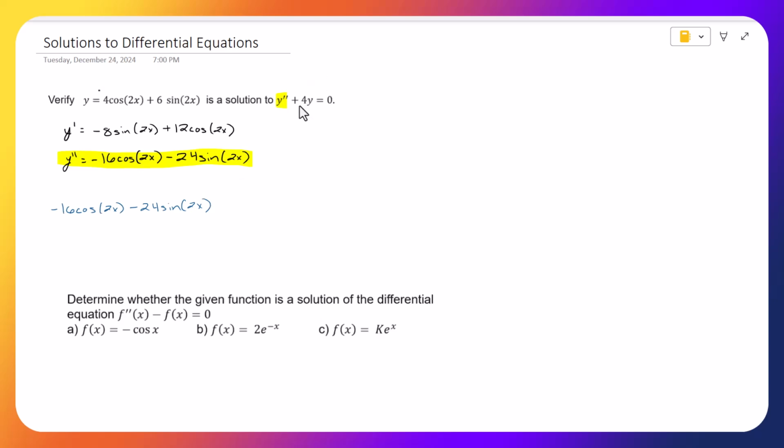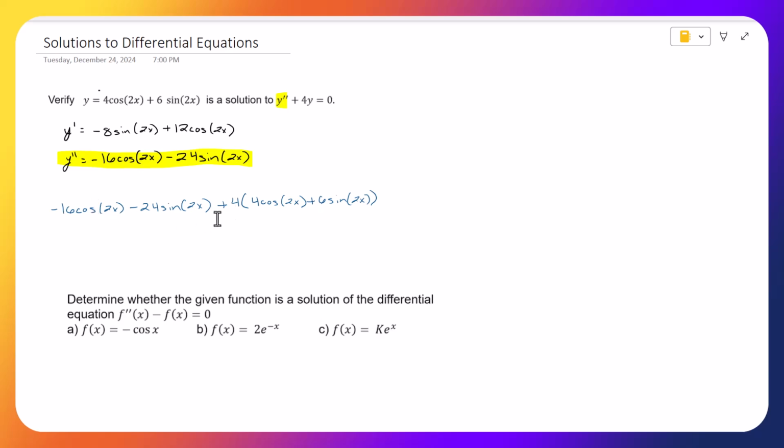And then for my y function, I'm just going to take our original function y, so we have plus 4 times 4 cosine of 2x plus 6 sine of 2x. I can already tell good things are going to happen. We're just simplifying this, and we want this expression to simplify to 0.